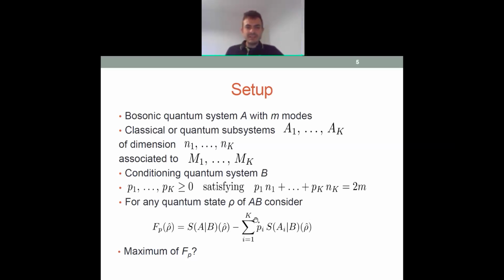And these positive numbers that I introduced before, these Pi, are exactly the coefficients of this linear combination. We call this function Fp of rho. And now we will be interested in the maximum of this function over all the possible quantum states rho.